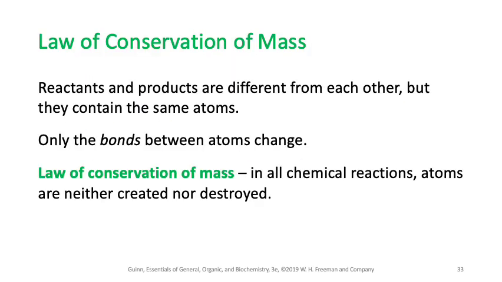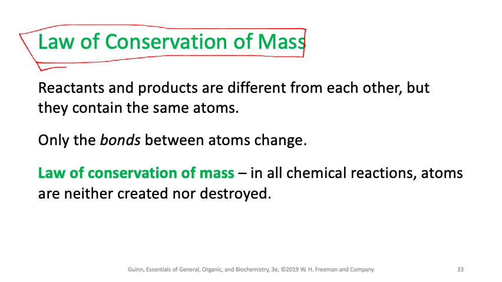So in any chemical reaction, wherever two or more substances combine with each other to form a new substance, they always follow the law of conservation of mass. So remember this: a chemical reaction always follows the law of conservation of mass. And what is this law? In all chemical reactions, atoms are neither created nor destroyed.